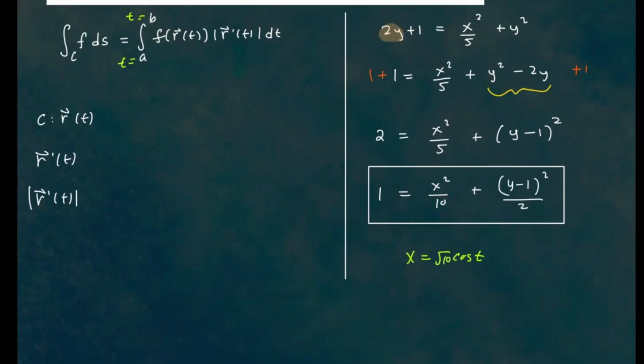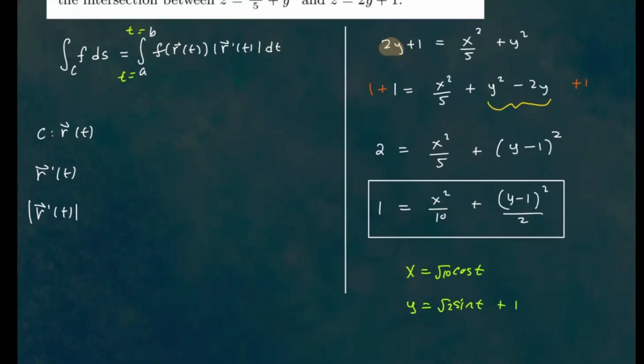And then y is going to be parameterized as, again, r sine t plus k. That's the coordinate of the center. So we know the radial distance along y is square root of 2, because that's how you write 2 as something squared. So this will be replaced with square root of 2, and the shift is plus 1.